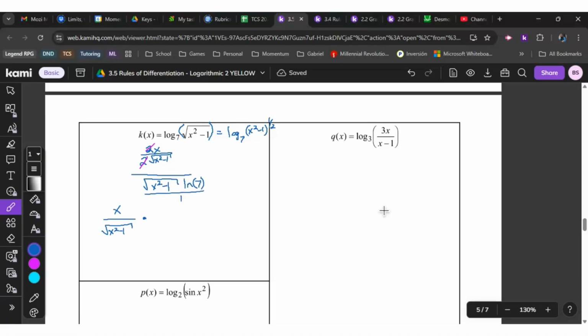Exactly. This is technically over 1, so we're going to make it 1 over. And we're going to do that on purpose because what do you notice is going to happen to these two roots? They cancel. Yeah, exactly. So we're just going to be left with x over x squared minus 1 times the ln of 7.